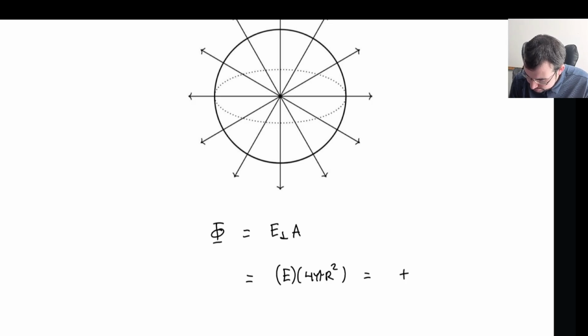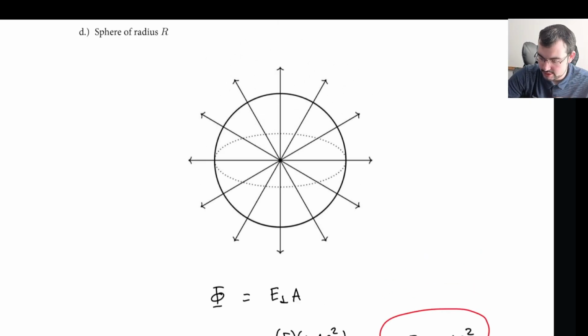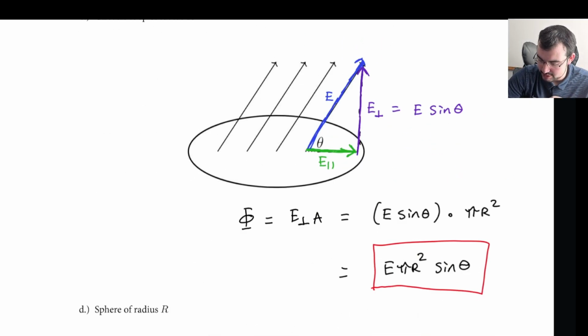So let's just write it as E times 4 pi r squared. And I'll put a plus sign there because this is a case where the sign could actually matter. Notice that our field lines are exiting, so we say that's a positive flux.